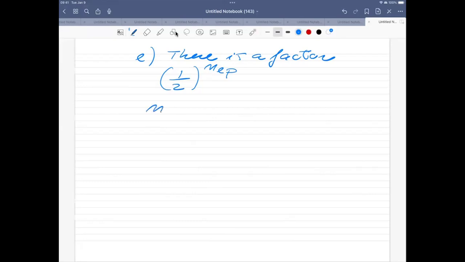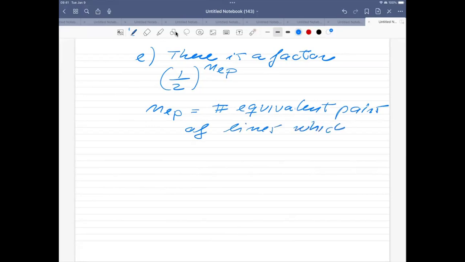So this NEP here is the number of equivalent pairs of lines, and this can be whole lines or particle lines, lines which start and end at the same vertex.